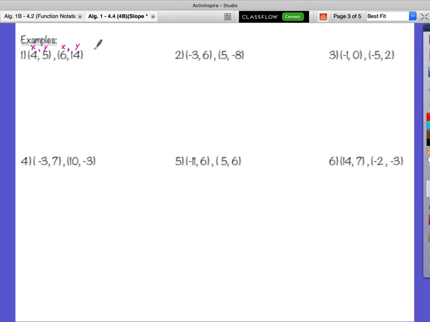So for grins and giggles, we'll just call this one x1, y1 because they come first, and this one x2, y2 because they come second, okay? So if our equation for a slope is m is equal to y2 minus y1 over x2 minus x1, okay? Then we'll say, okay, well, where do we put 14 in at?